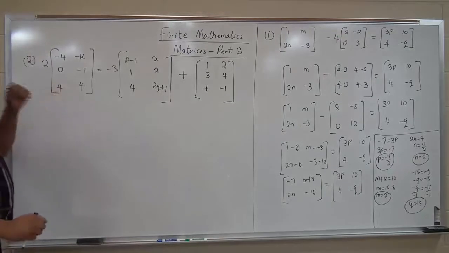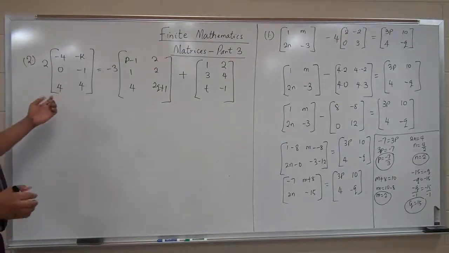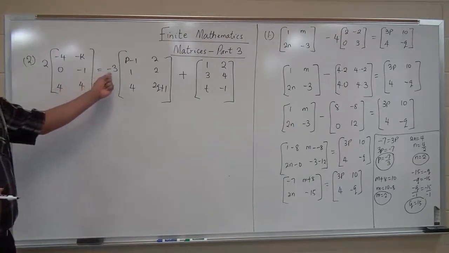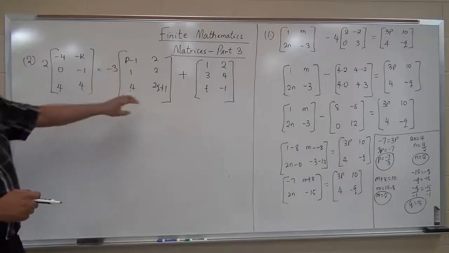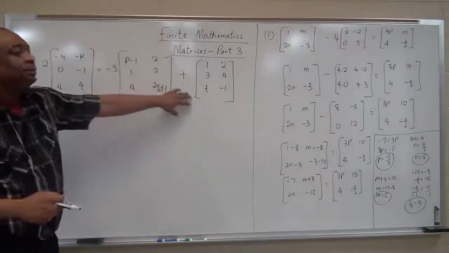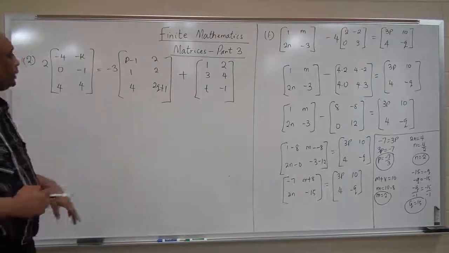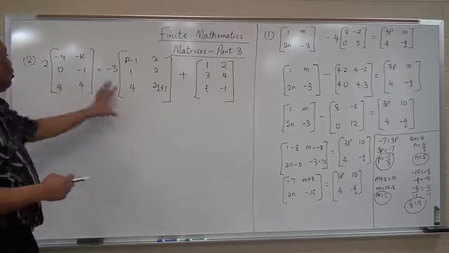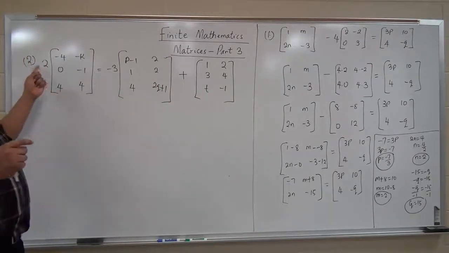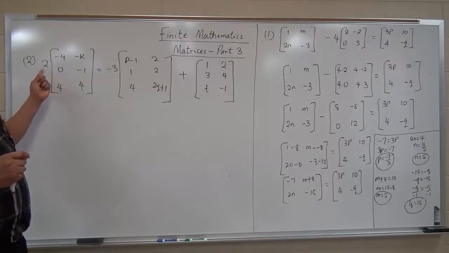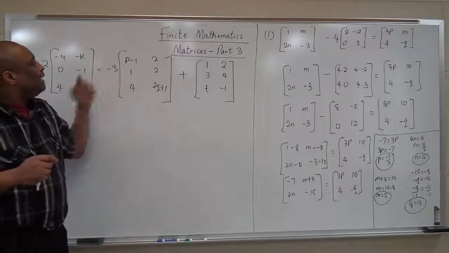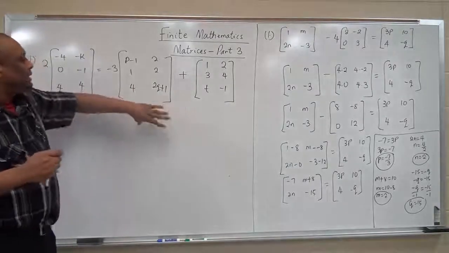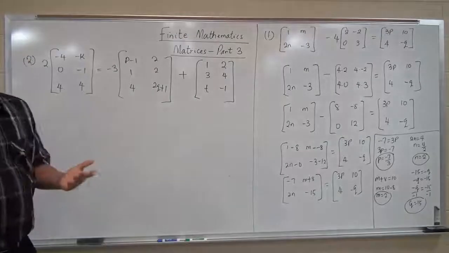Here we have scalar multiplication by negative 3, then addition of matrices, then equality of matrices. We have another scalar, 2, and scalar multiplication by negative 3, then addition and equality of matrices.